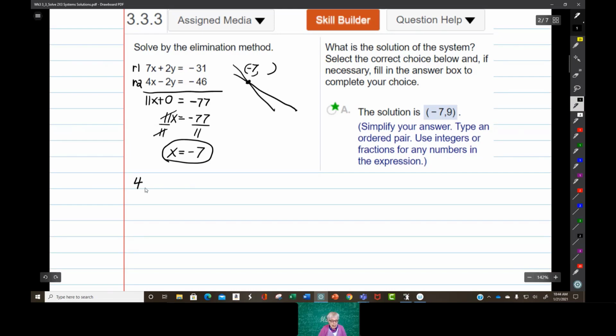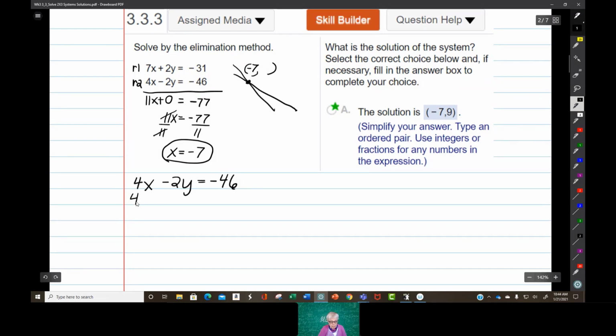So 4x minus 2y equals negative 46. Now, I'm saying that x equals negative 7.